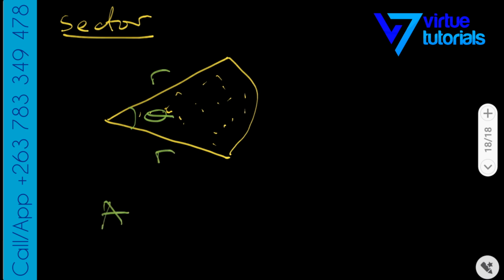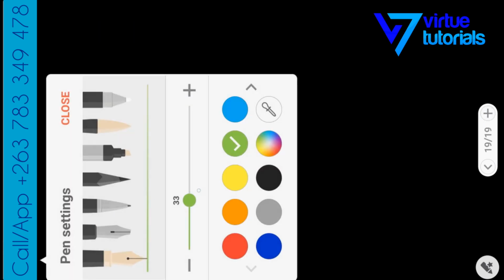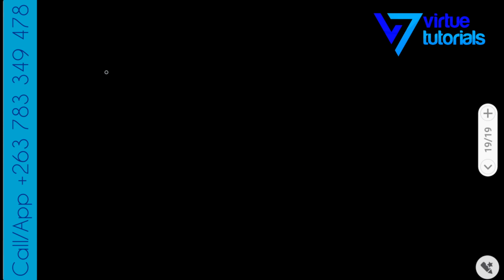So area of a sector now is theta over 360 times pi r squared. That's our formula for finding area of a sector. So again, we'll just try a simple example.